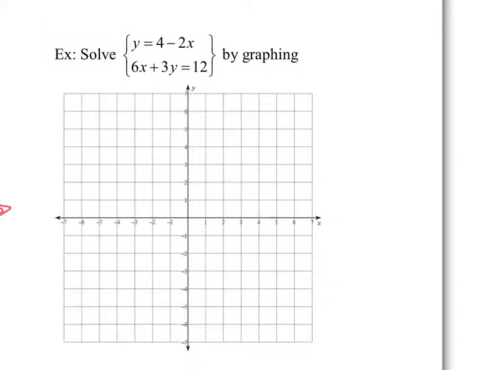And then for this last example in the notes, my first equation is almost in slope-intercept form. My x term is over here. So my y-intercept is 4, my slope is -2. So I'm going to go ahead and graph it that way. And then my second equation is in standard form, and it would be pretty easy to graph with intercepts again.